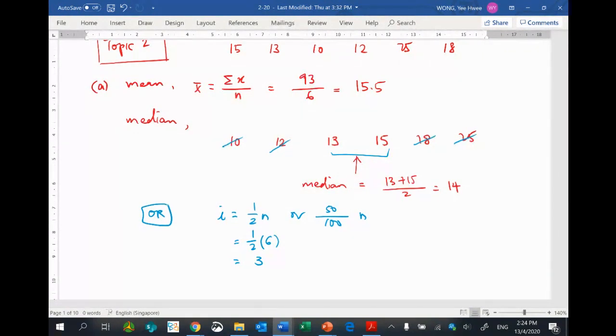You get a round number. When you get a round number, what should you do? The median will be the third number plus the fourth number, the third and the next one, right? So what is the third number? This is number 1, number 2, number 3, 4, 5, 6. So the third number is 13 and the fourth number is 15. So you divide by 2, and you should get the same answer.